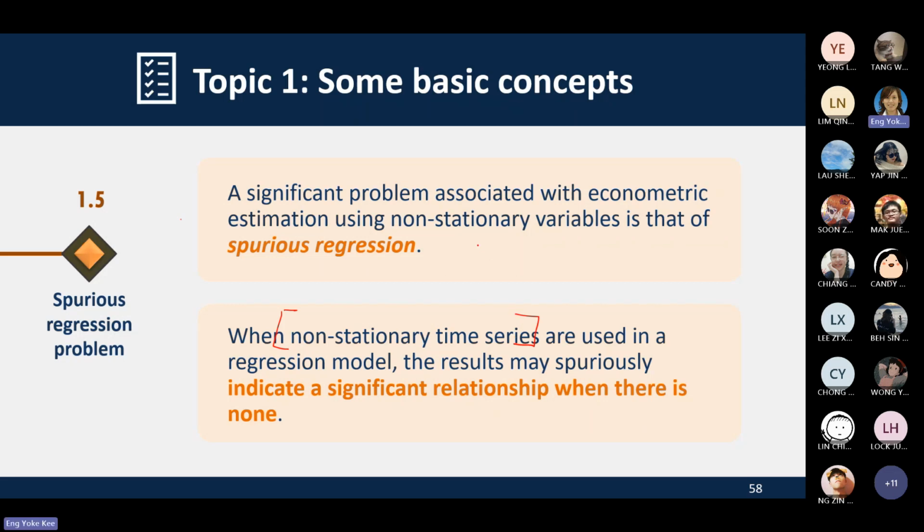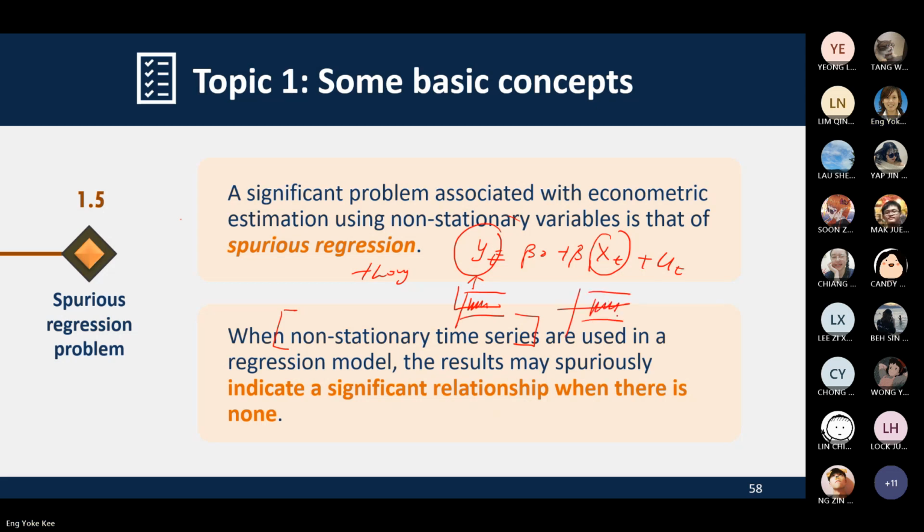Let's say, for example, I regress two time series variables, variable y and variable x. Theory says they should be stationary like this: constant mean, constant variance, constant covariance.